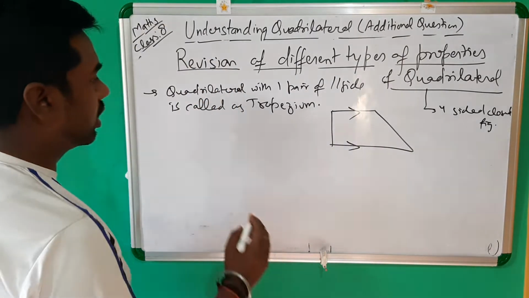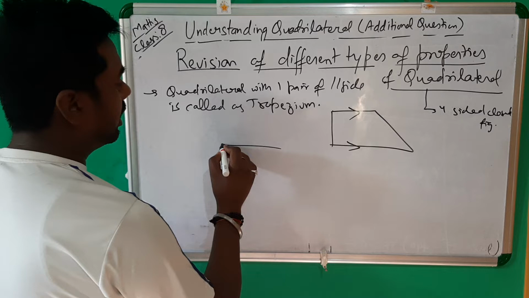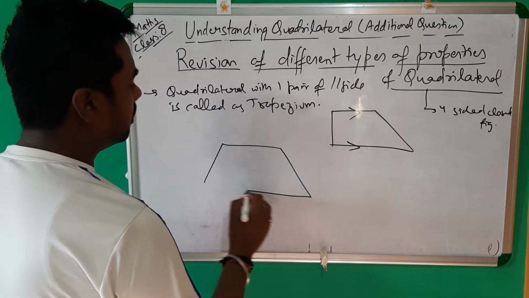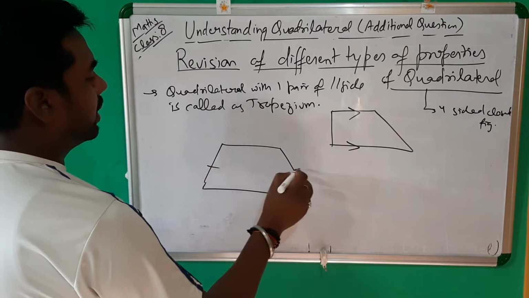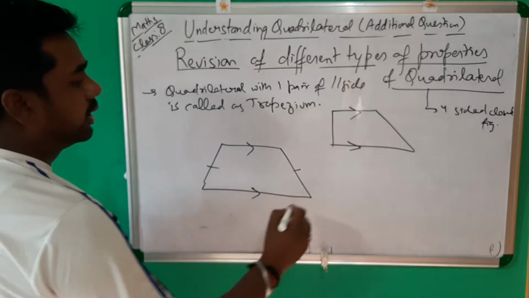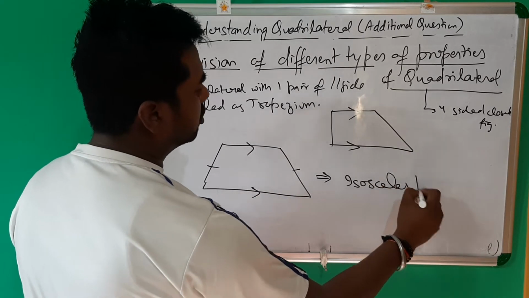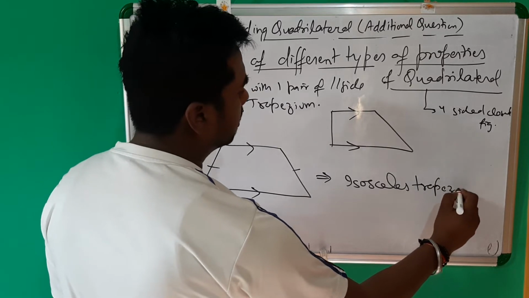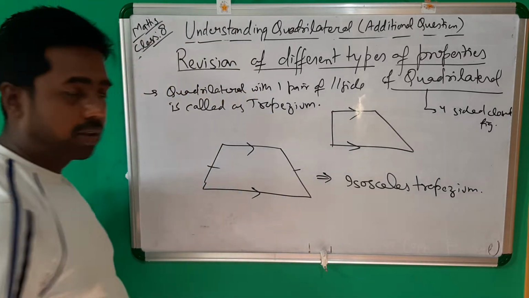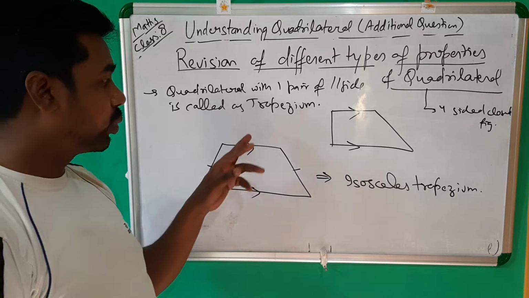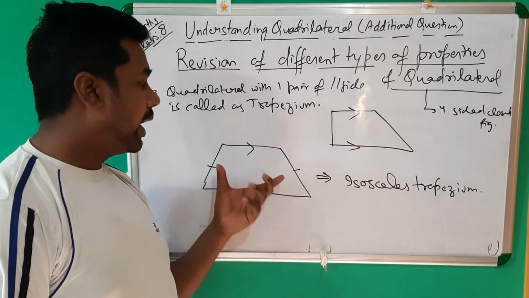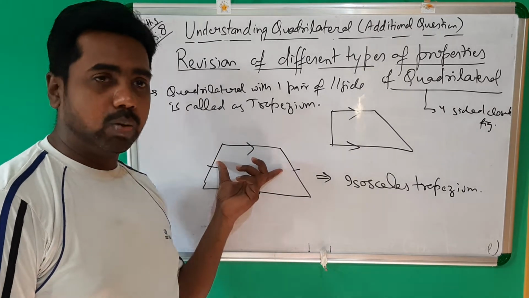Now if you see a quadrilateral with one pair of parallel sides and where the non-parallel sides are equal, then this type of trapezium is called an isosceles trapezium. It means a quadrilateral with one pair of parallel sides and whose non-parallel sides are equal.